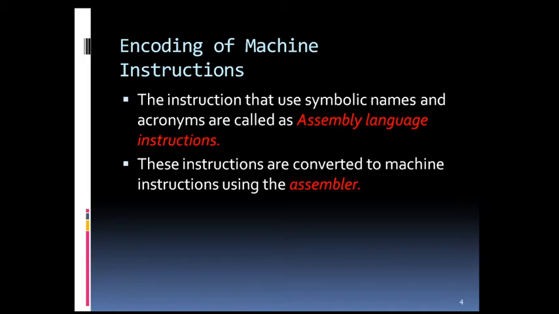When I want to execute the add instruction, it should be properly encoded into a binary pattern. Then only the processor can execute it. The instructions we write in the program are assembly language instructions, and these are converted to machine instructions using the assembler program. So with the help of the assembler, assembly level language is converted to machine level language.